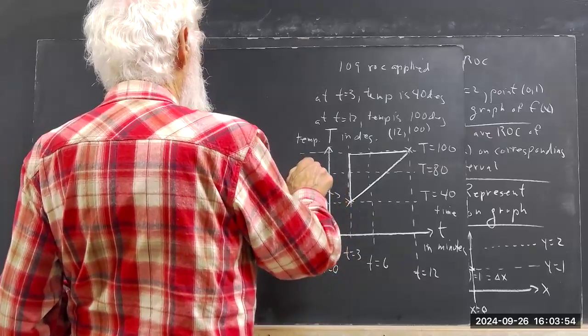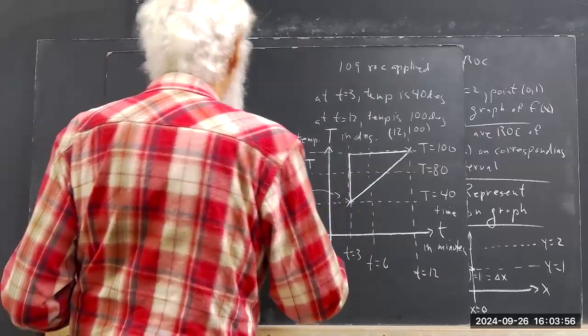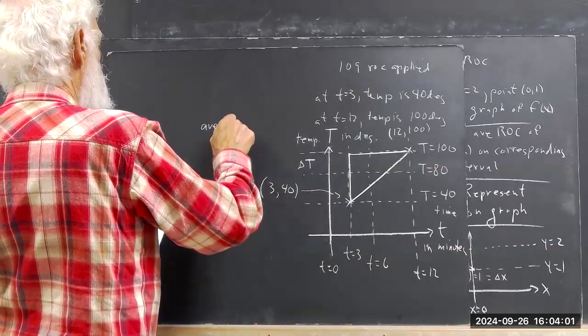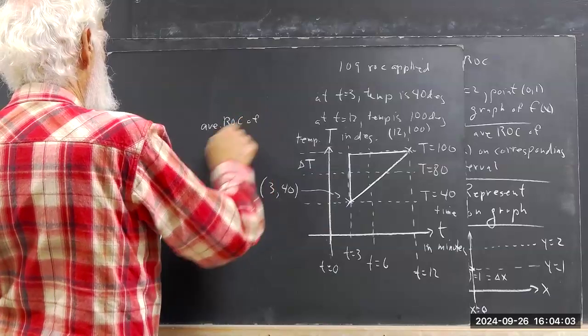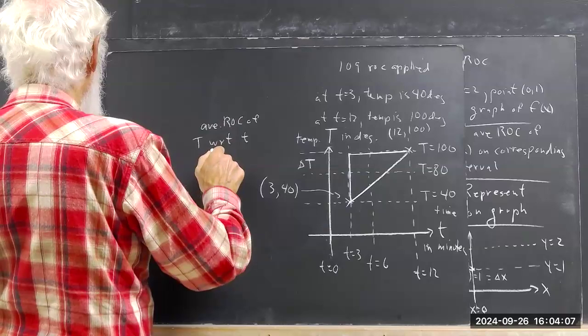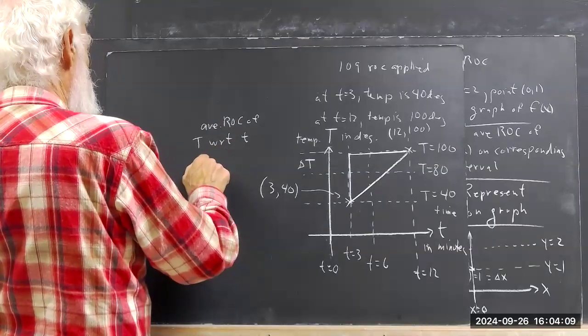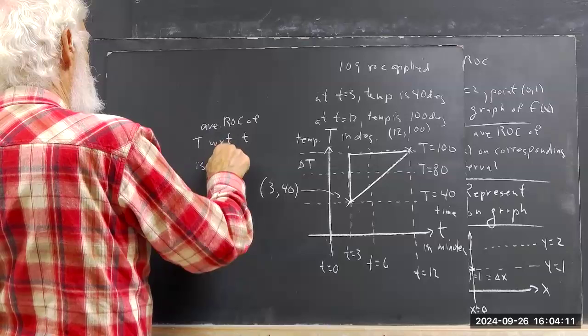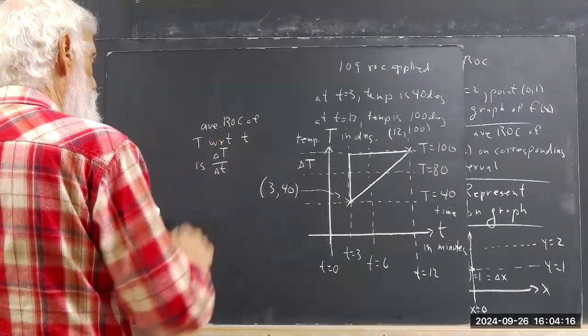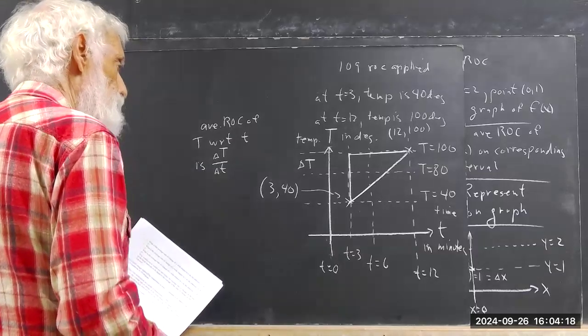Delta T for delta t. Okay, the average rate of change of the temperature with respect to time is the change in big T over the change in little t, the change in temperature divided by the change in time.